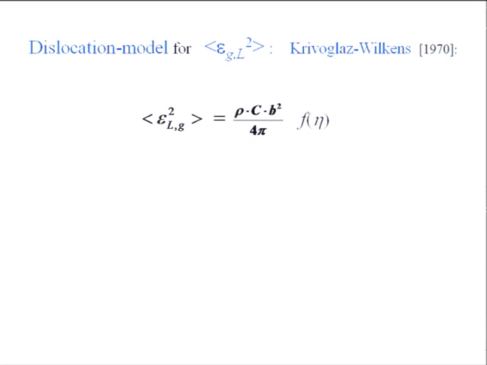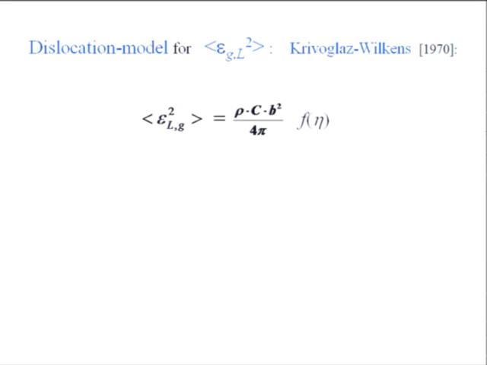One of the best models we have today is this one, which was developed by the late Krivoglas and the late Wilkens. It started in the 50s and ended in 1970, and it contains actually few parameters. It contains the dislocation density, a factor which takes into account the mutual orientation between the dislocation and the diffraction vector, since a dislocation is a line.